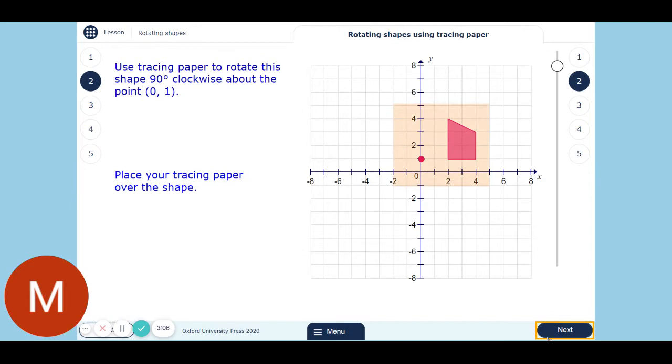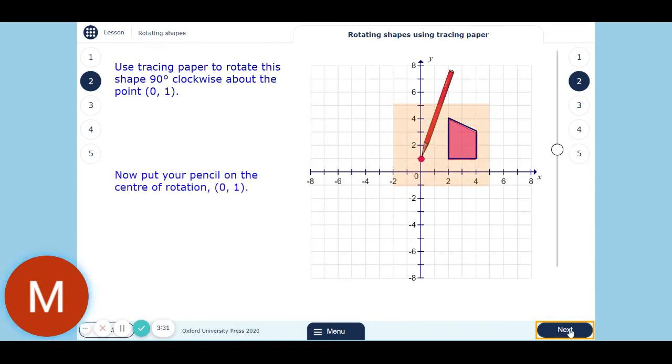What you need to do is place your tracing paper over the shape and the center. We don't need to worry about covering the entire grid. We just need to worry about placing it over so that the center and the shape's covered. Then draw around the shape. That way we know what the shape is. When we rotate the tracing paper, we'll know where it's meant to go.